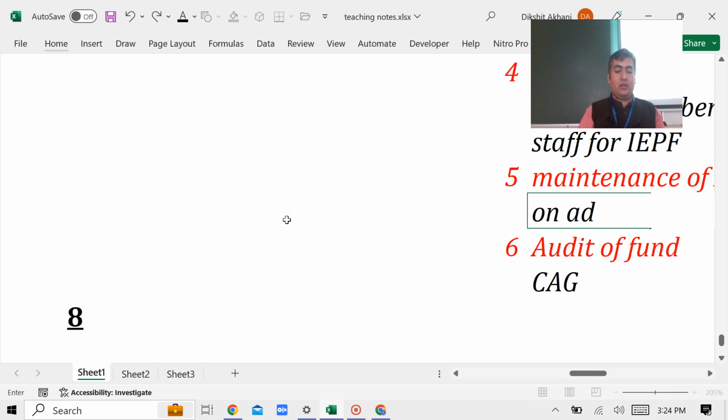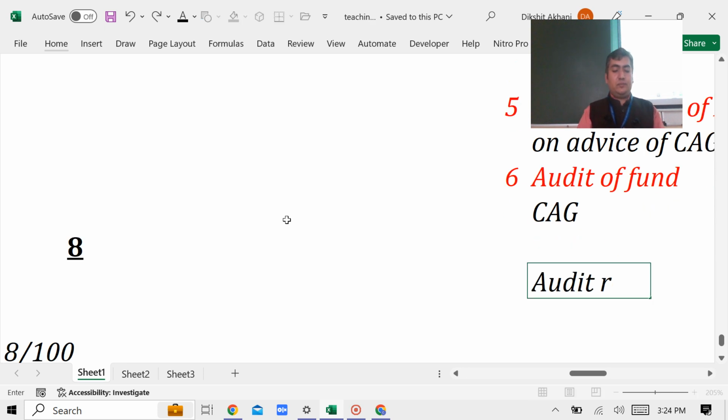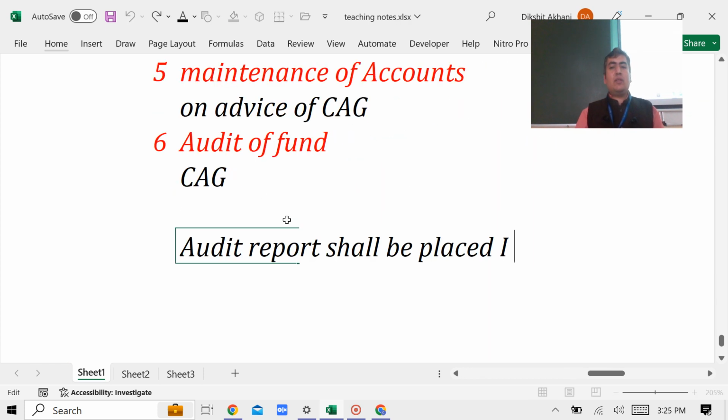On advice of CAG. The last comment what I want to make is that audit report shall be placed in the both the houses of. I think that's not about only IEPF audit report, but it is, I would say, about everything. Okay. So audit report and annual report. Yes, these two.